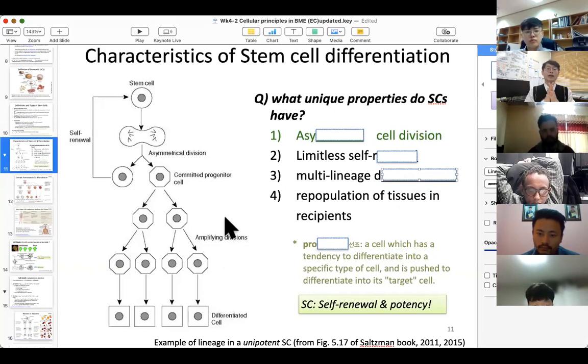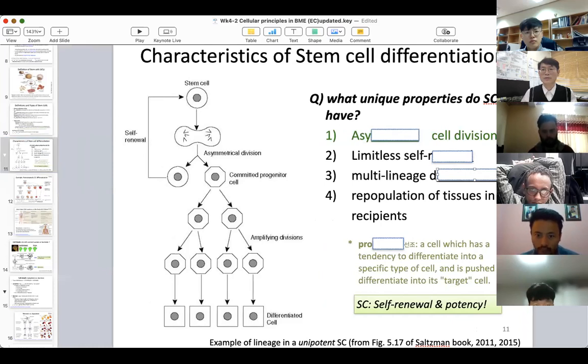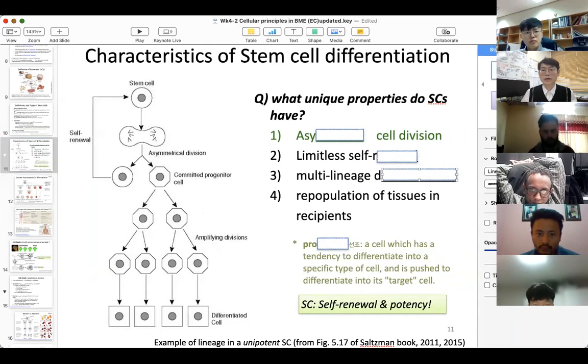In a nutshell, when you are teaching your friends or your parents what stem cells are, you can say self-renewal and the potency to become any specialized cell. It's easier to just talk about a good example.